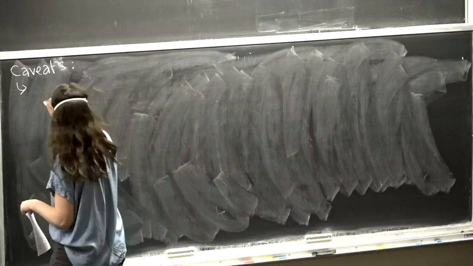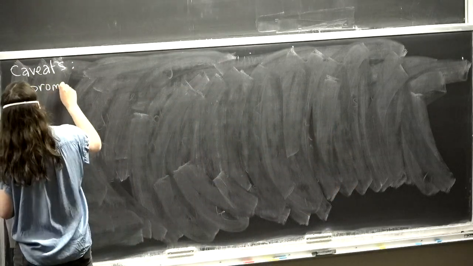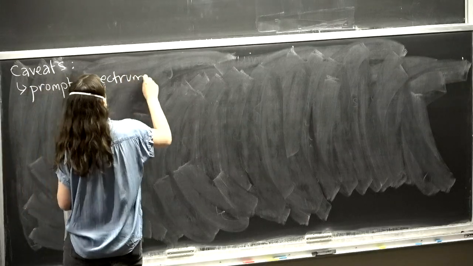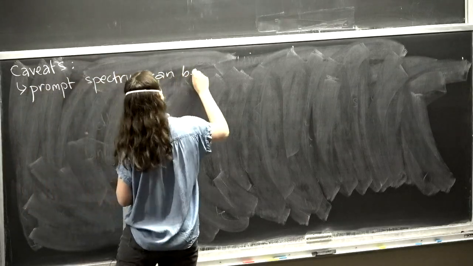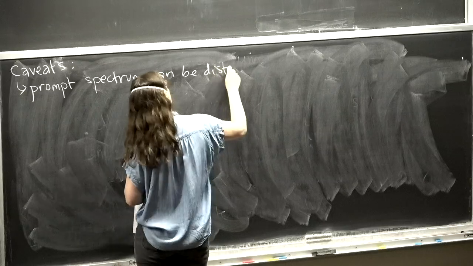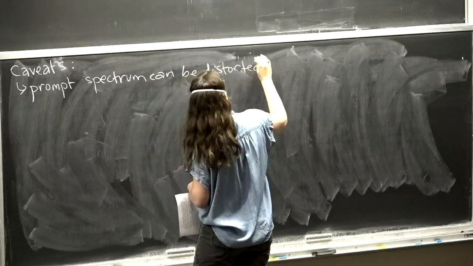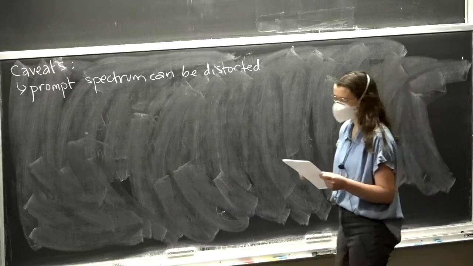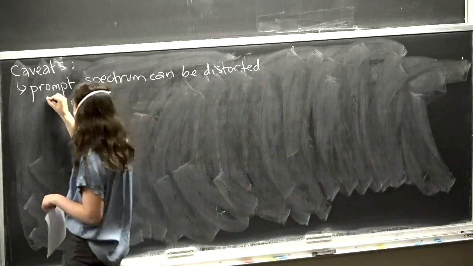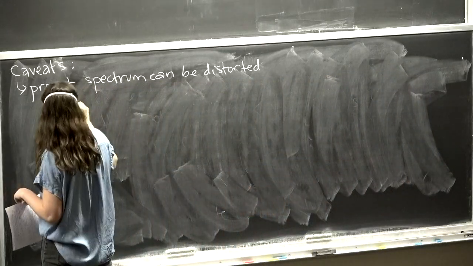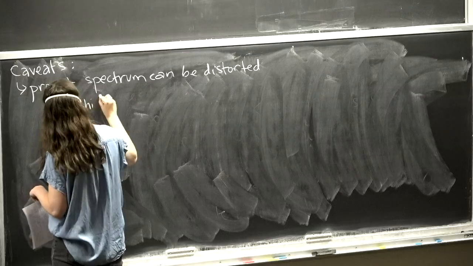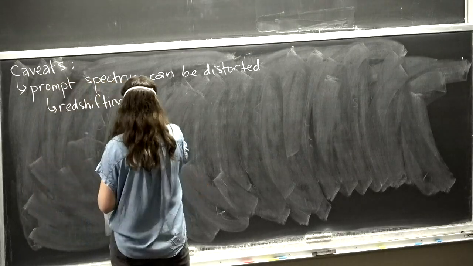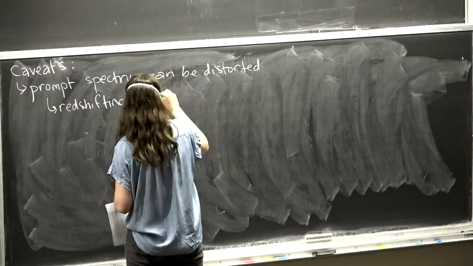Okay, so the prompt spectrum can be distorted by a few things. The most obvious one I think is redshifting, which is most relevant for extragalactic sources.